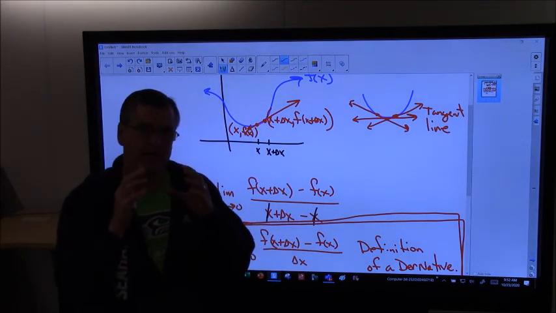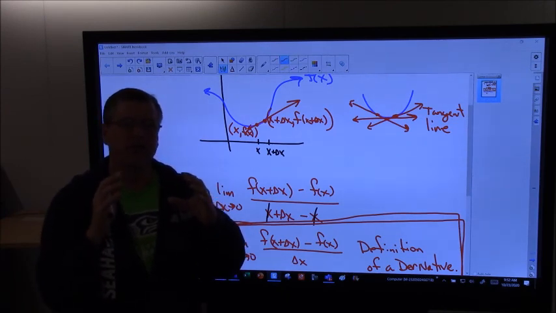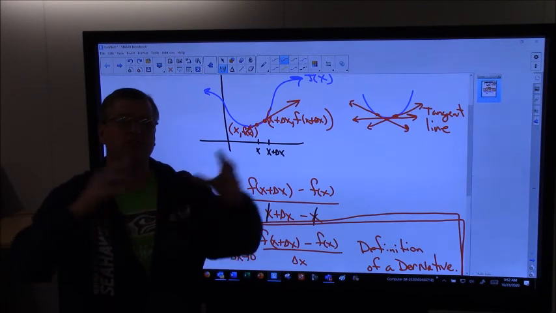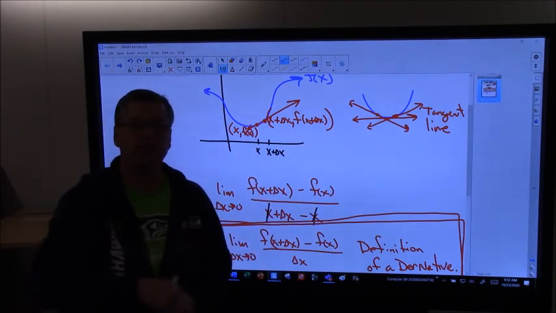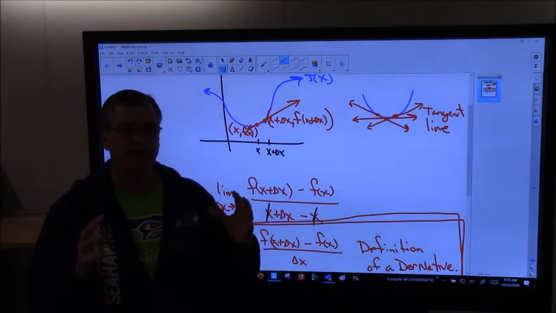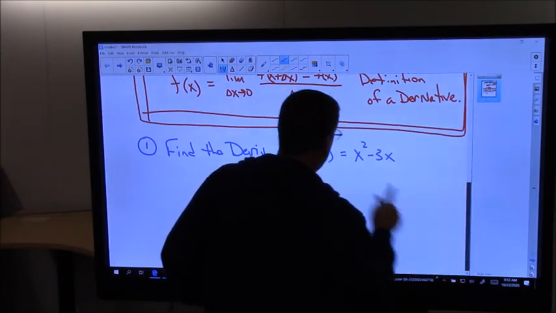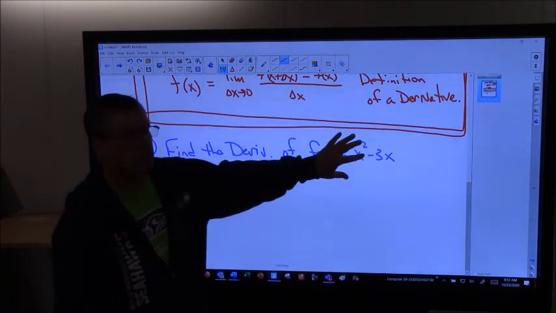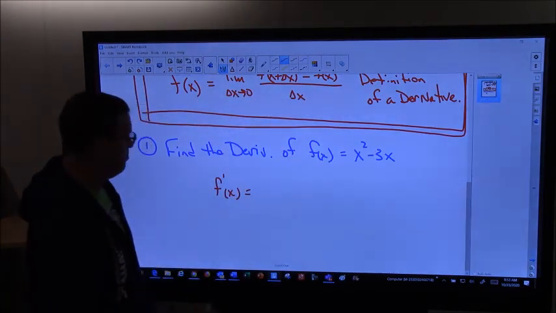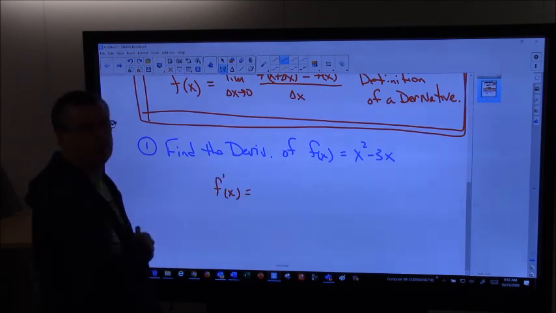So once we get this function that is a derivative, it allows us to find the slope at several different points. We just got to plug in x values to see what it is. Really important idea. So when I find the derivative of this, what I'm going to get is an expression that I can plug in any number and it will tell me what the slope is at that number.